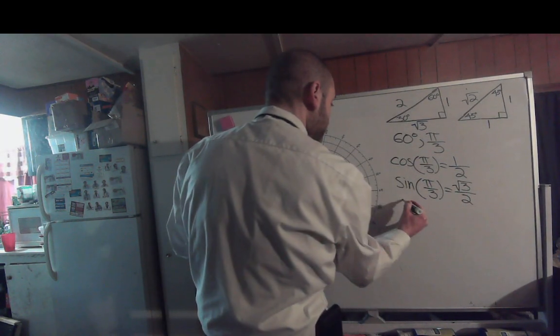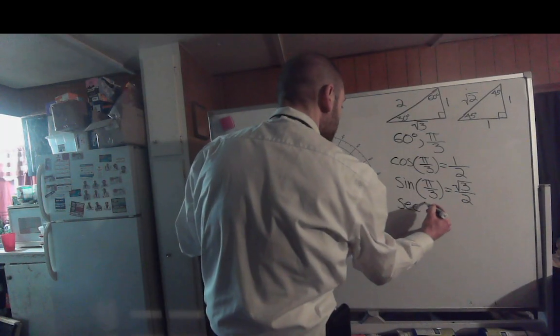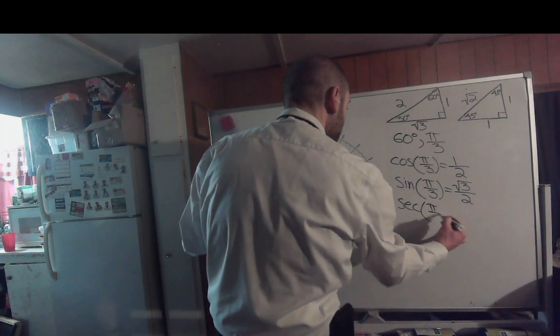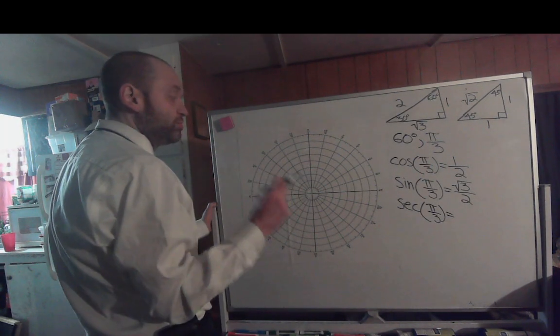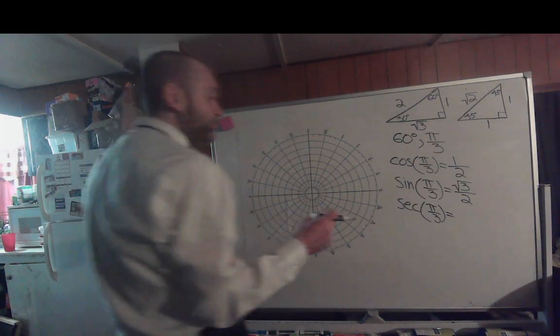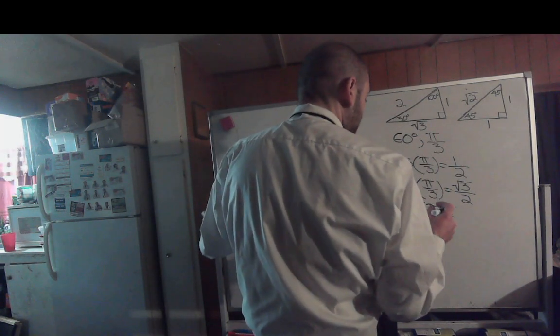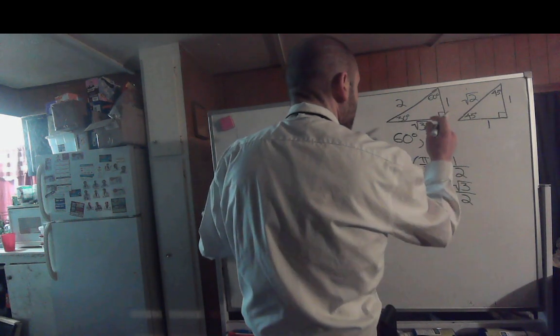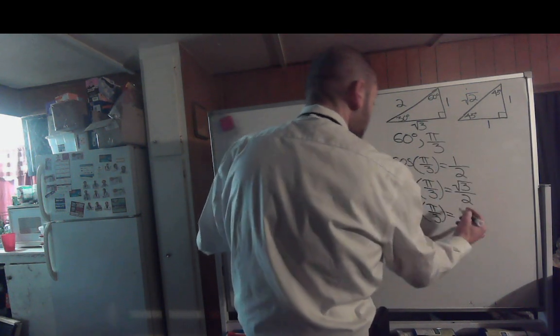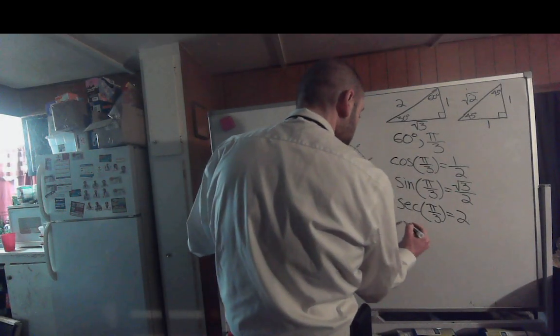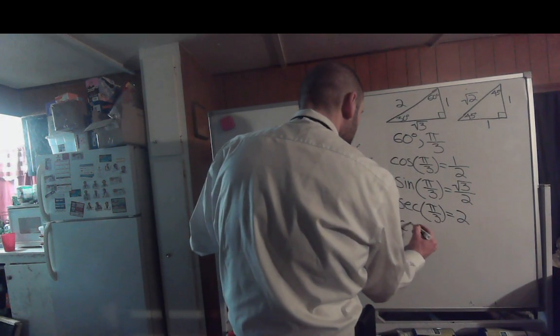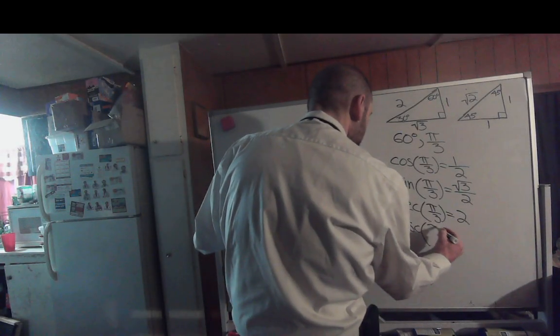From here we can find the secant of pi over 3. The secant of pi over 3 is going to be 1 over cosine, which would just be 2. Now how about the cosecant of pi over 3?